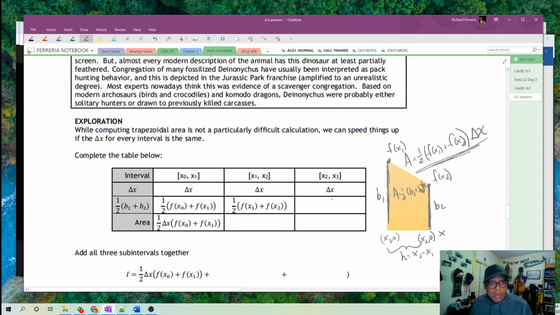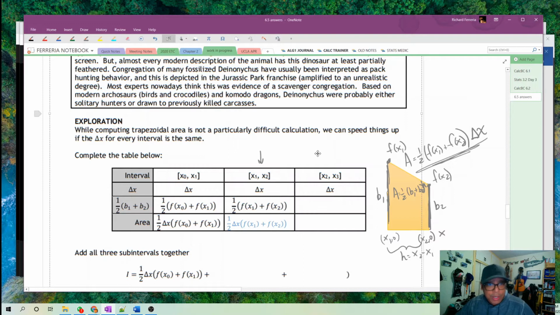So let's go ahead and fill out the rest of these. For this second interval, delta x is delta x, of course. 1/2 of base 1 plus base 2, that's 1/2 of f of x1 plus f of x2, and that gives us an area of 1/2 delta x, f of x1 plus f of x2.